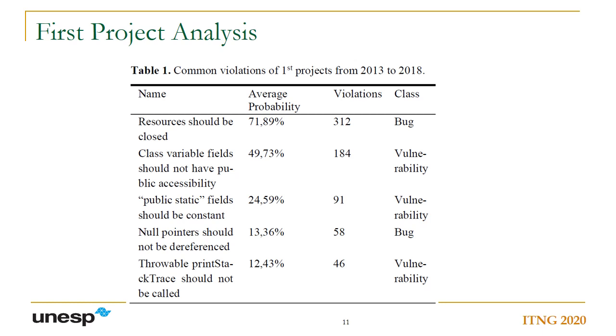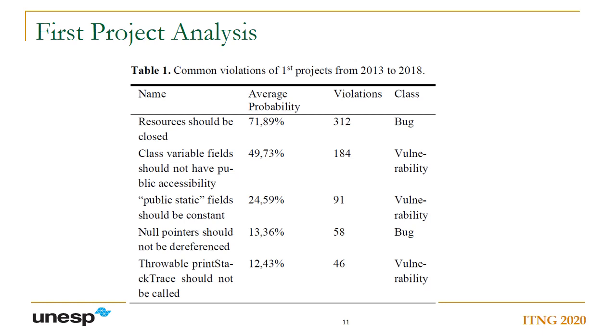The third position is the violation public static fields should be constant, because the students are not used to the database, so some static variables were used to simulate a database connection.